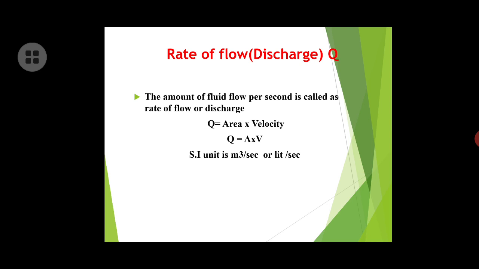Write down. How do we obtain the unit meter cube per second? Q is equal to area, meter square, times velocity, meter per second.